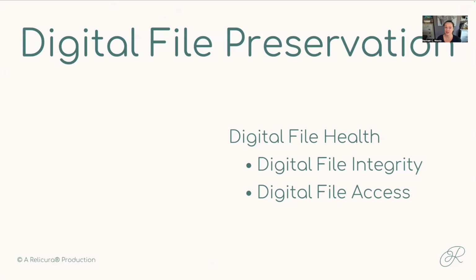Now, that wasn't necessarily because the file was corrupted or not healthy. It was because there was an issue with how you were trying to access it, the actual mechanism of that access. So something for us to think about as we walk through whether it is about the file itself, the file integrity, or the file access.